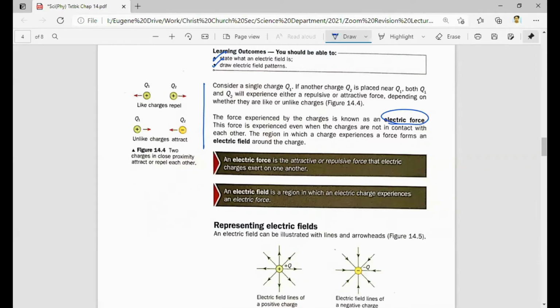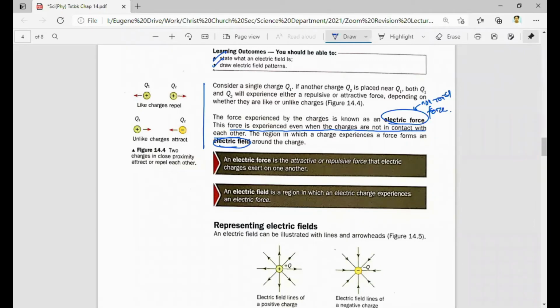Do take note, the two charges are not touching one another, but yet they experience that force, and hence electric force is what we term a non-contact force, because the force is experienced even when the charges are not in contact with one another. The region in which the charge experiences a force forms an electric field around the charge.